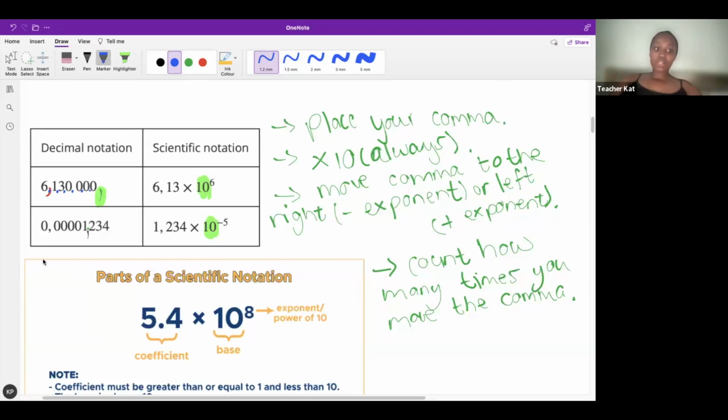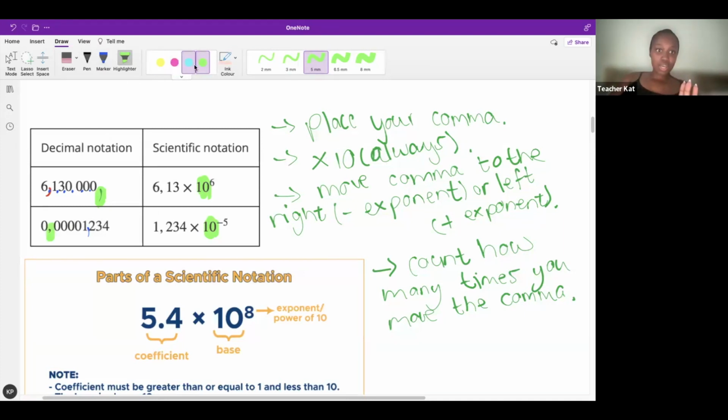Okay, so there we go. We did a nice example there, thanks to Charlie. Now let's look at this one. The first number that is between 1 and 10 is the 1. Now we look, am I moving this comma to the left or to the right? If initially it's over here, that means I'm moving it right.